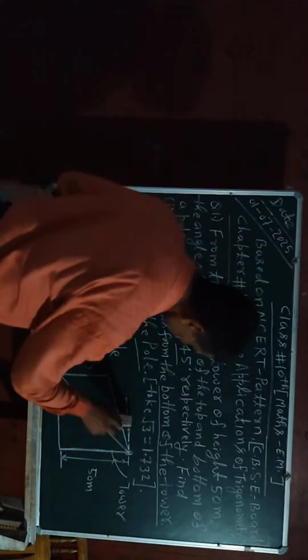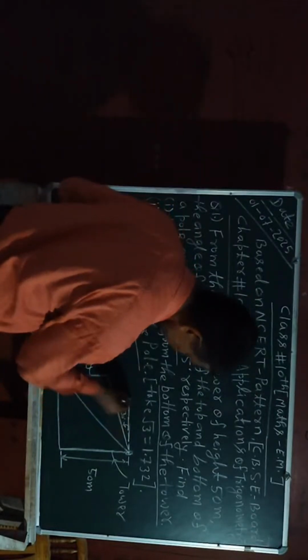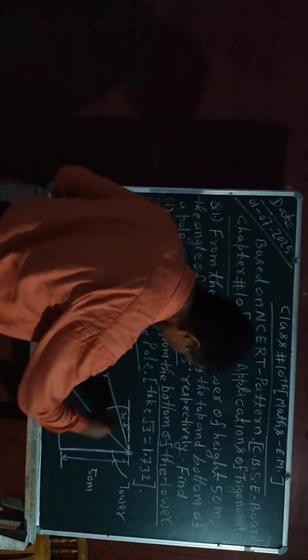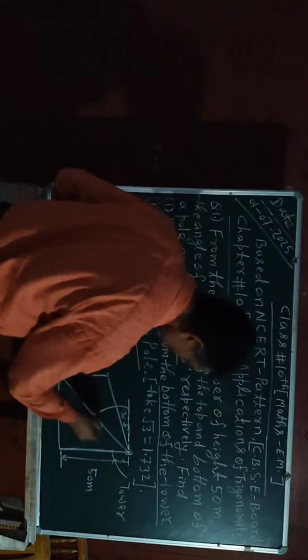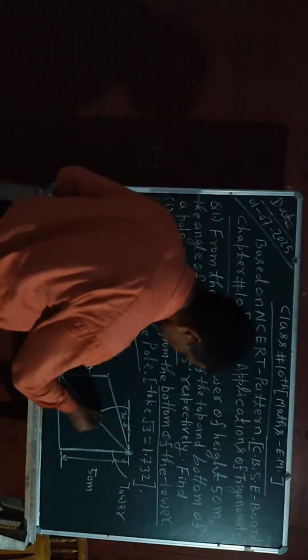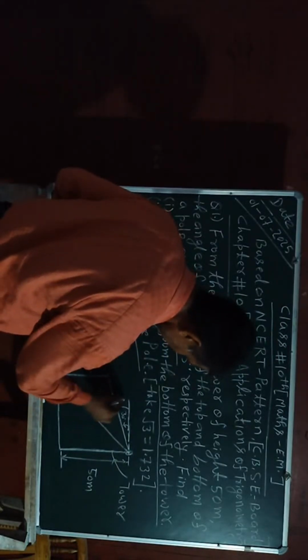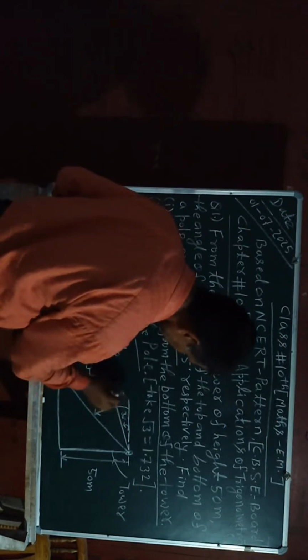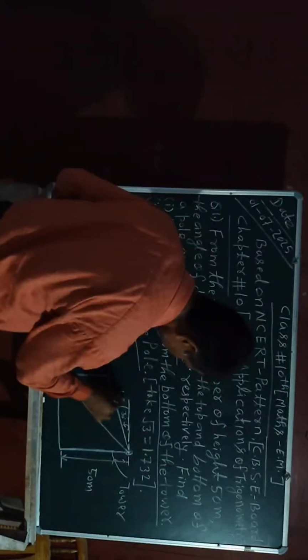Because one observer is looking from here to there, the angle he is getting is 30 degrees, and again that observer is looking from the top of the tower to the bottom of the pole, so he is getting 45 degrees. So the angle is 45 degrees.